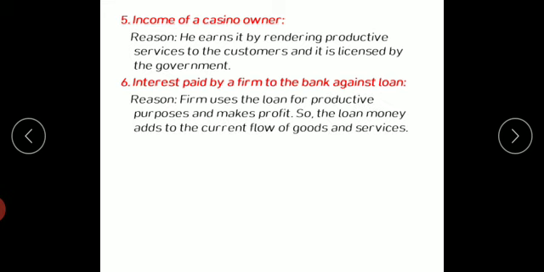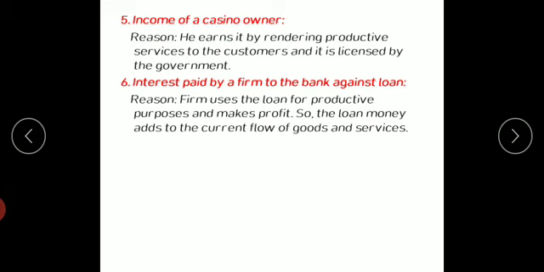But when a household takes loan from the bank and pays interest, please students, please my dear viewers, please note it. Loan taken by household is for consumption purpose. Suppose I take a loan to purchase a car for my own use. I take a loan to purchase a mobile phone. I take a loan to spend in my marriage. These are called consumption purposes. It does not create any kind of goods and service for the economy.